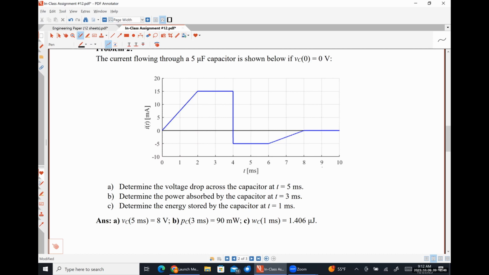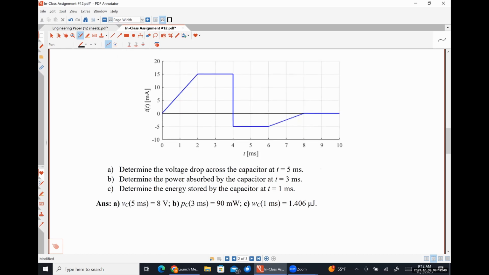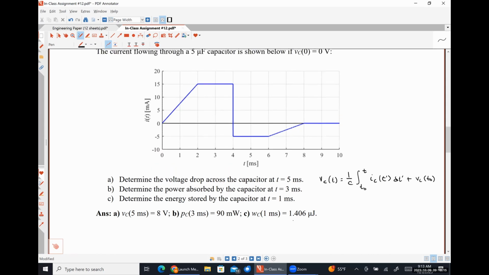Much like in the previous problem, we know that the capacitor voltage as a function of time is 1 over C times the integral from t naught to t of IC of t prime dt prime plus VC at t naught. For this particular problem, we are looking at t equal to 5 milliseconds.